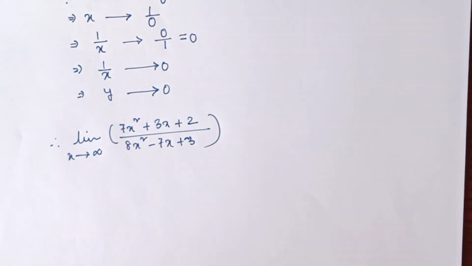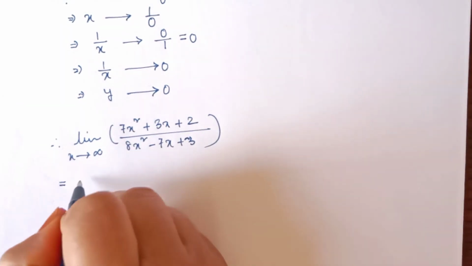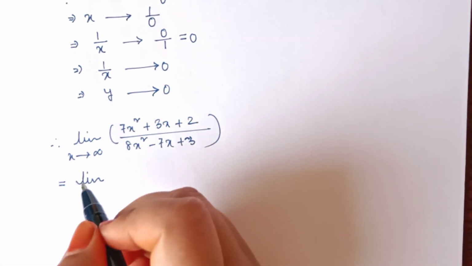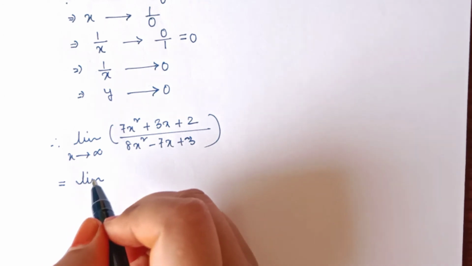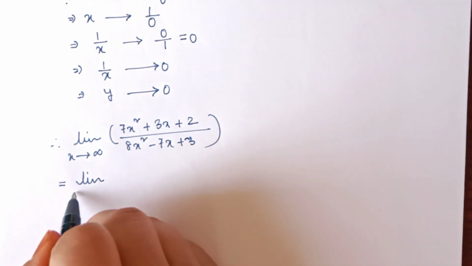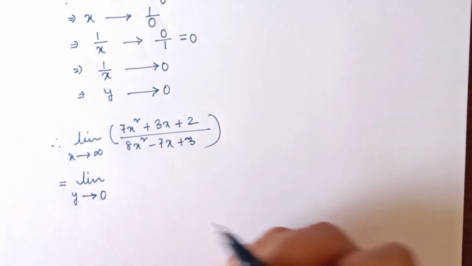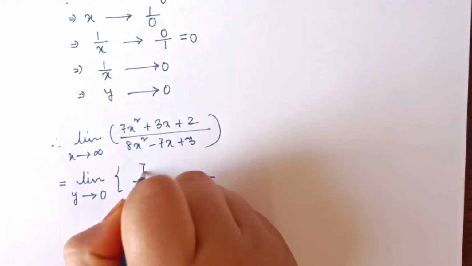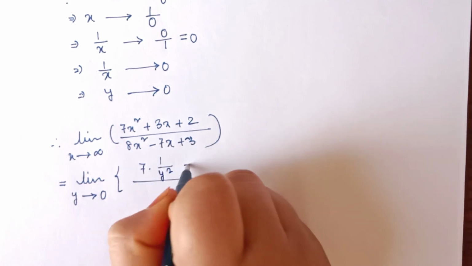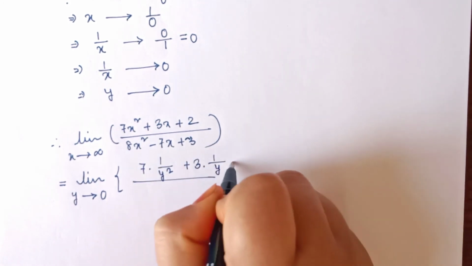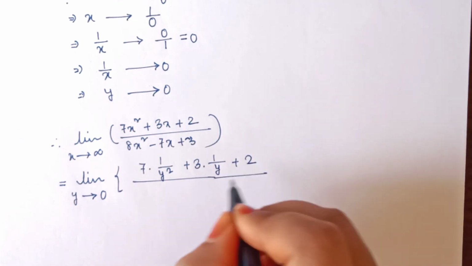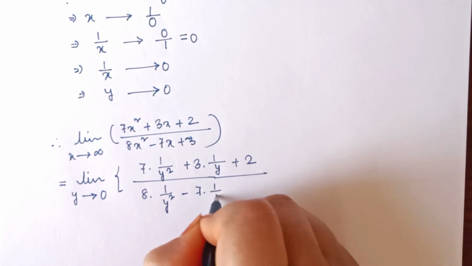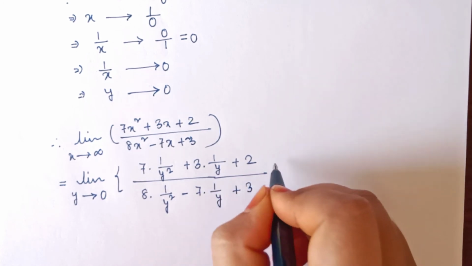So now let us substitute x equal to 1 by y. The expression becomes (7 times 1 by y² plus 3 times 1 by y plus 2) divided by (8 times 1 by y² minus 7 times 1 by y plus 3).